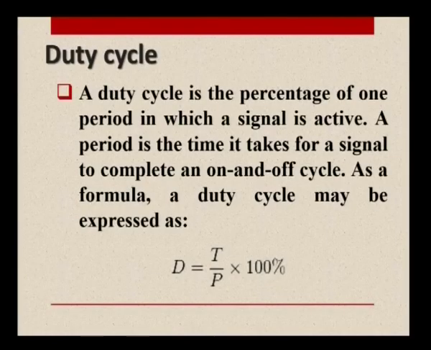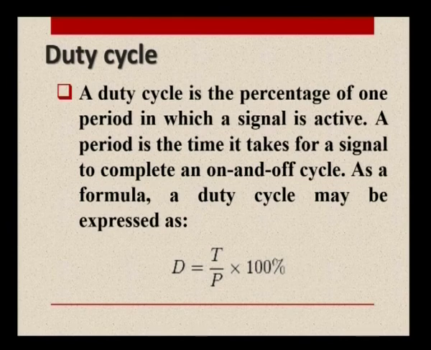For any waveform analysis, this term duty cycle is a very important term. Let us define what a duty cycle is. It is a very simple definition, it is expressed in percentage. A duty cycle is the percentage of one period in which the signal is active.